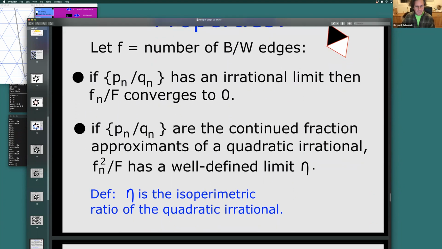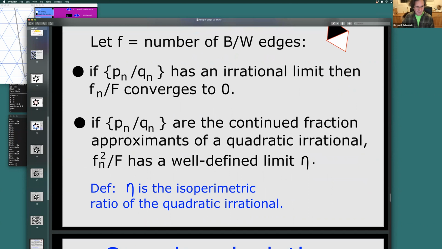And then if you have the continued fraction approximants of a quadratic irrational, what that means is you take the continued fraction expansion of the number and you cut it off after the nth stage, and then you look at the rational number that has that for its continued fraction, and that's your Pn over Qn.